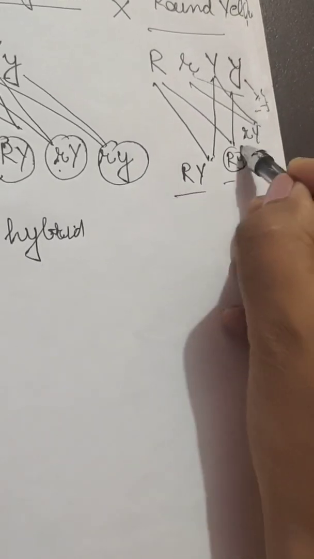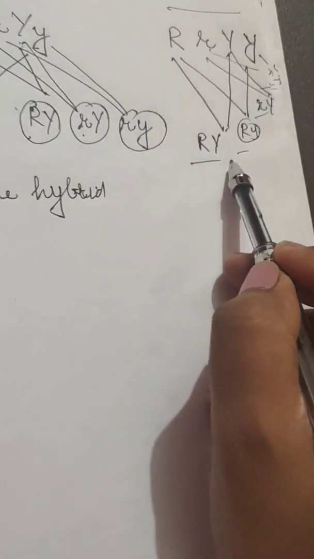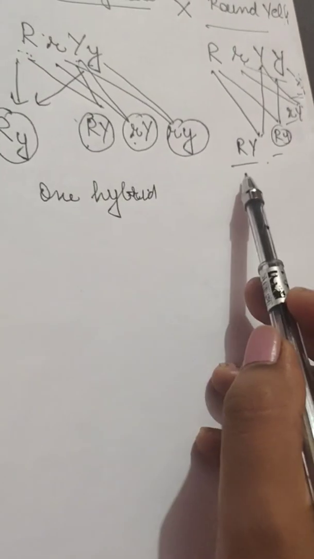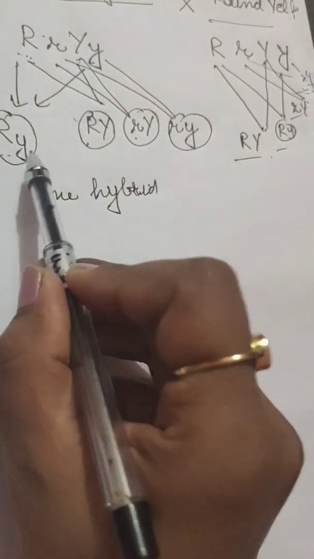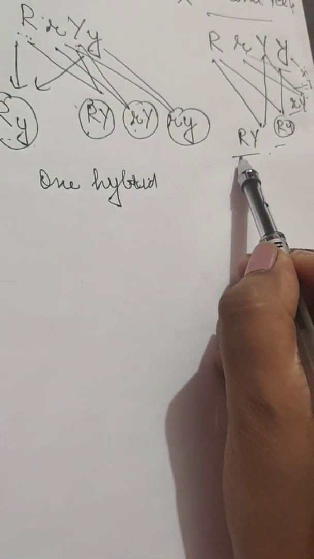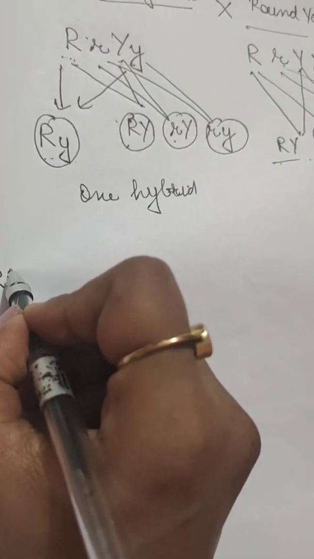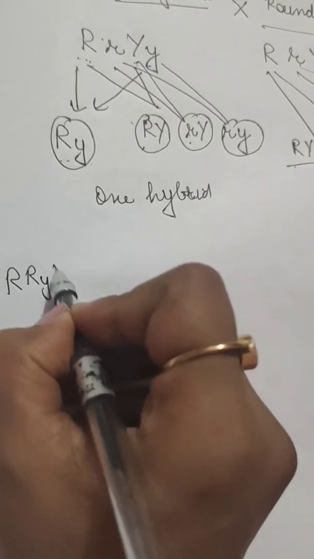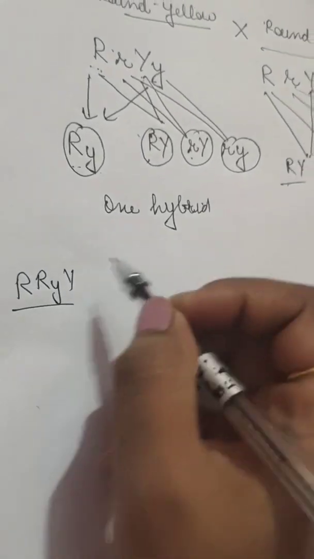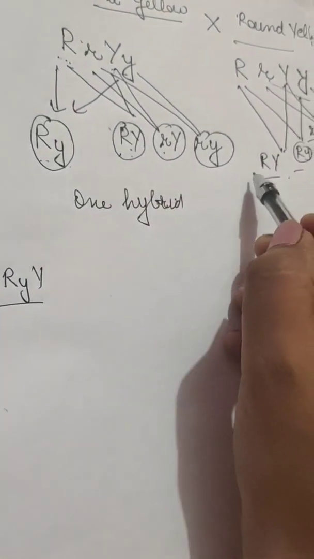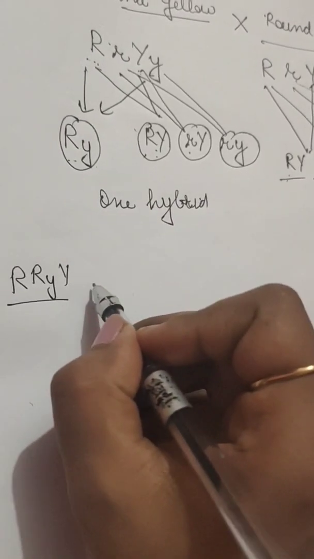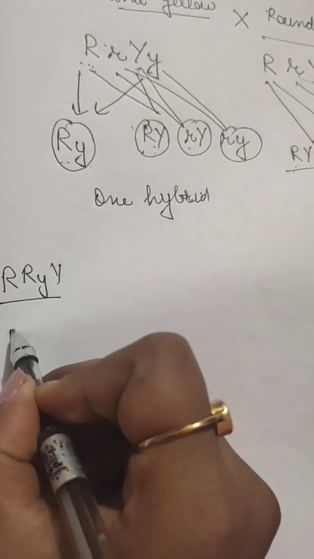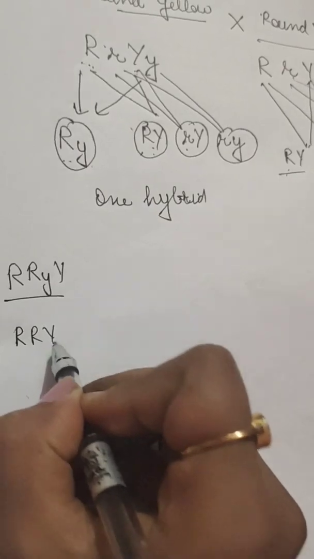So when we get this again, it will be crossed. So when this capital R and capital Y will be here with this, we will be getting a round and yellow seed. Okay, this capital R and capital Y, so again we'll be having round and yellow seeds.